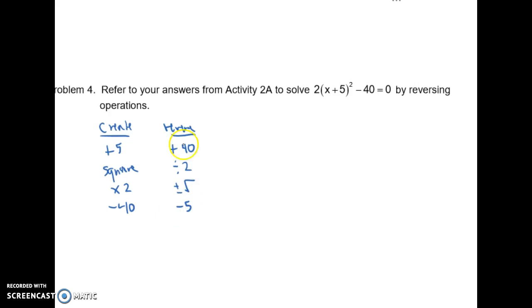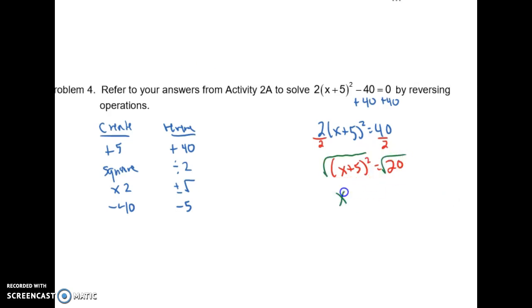So let's apply the steps. Add 40. So 2 times x plus 5 squared equals 40. Divide by 2. Plus or minus the square root. And one more step to subtract 5.